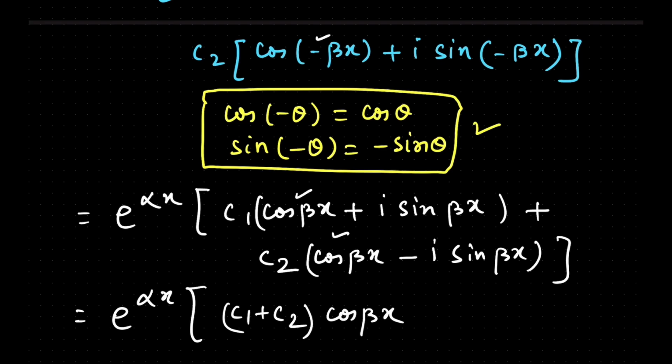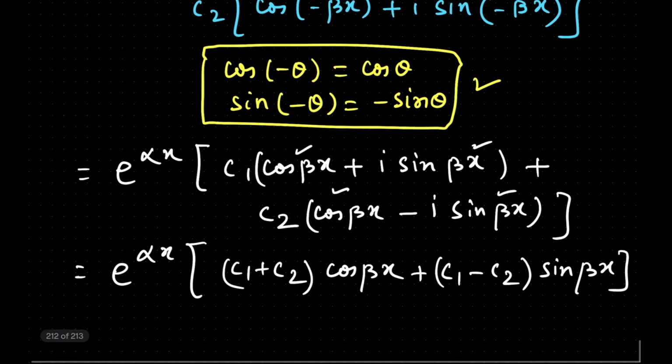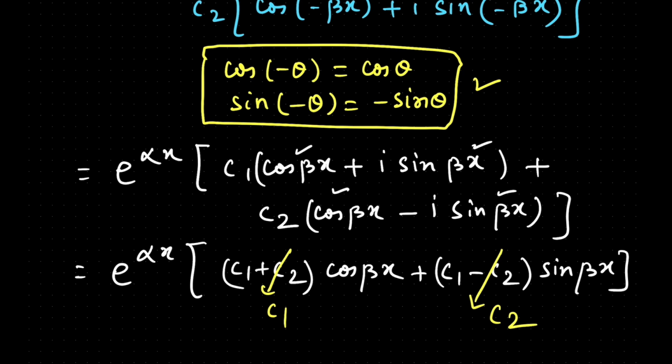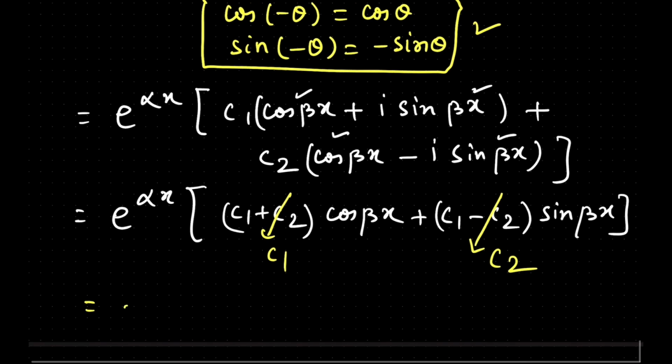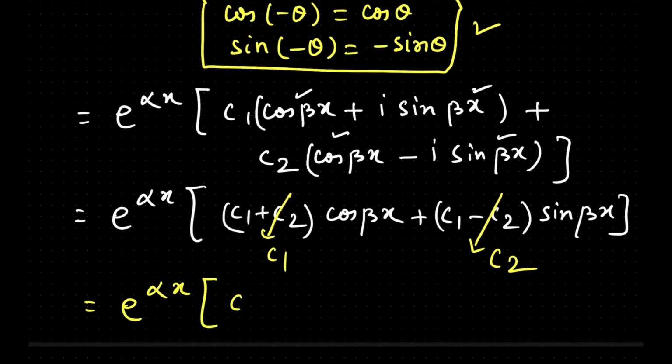And if you take sin beta x as common, then you will get (c1 minus c2) sin beta x. So now you know that these will also be constants only. So let's replace them with c1 and c2. So it will become e to the power of alpha x (c1 cos beta x plus c2 sin beta x).